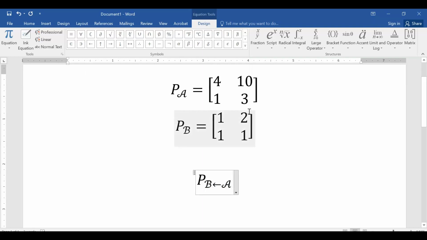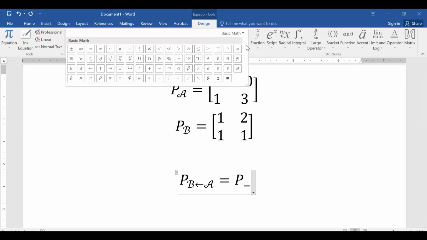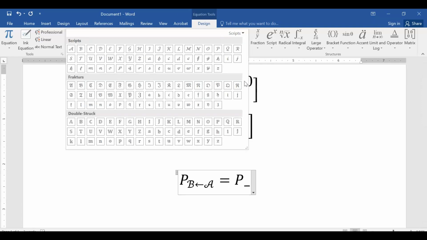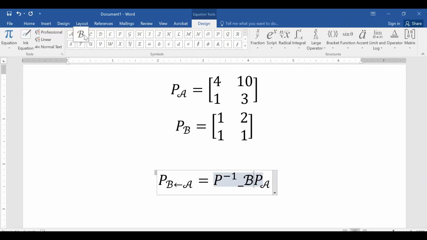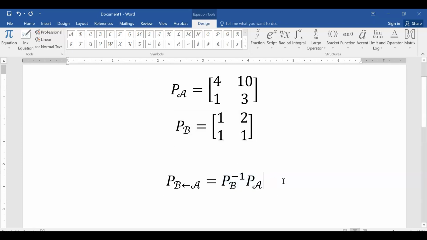If you remember what that did, what we would have to do is start at A, and then multiply by the inverse of starting at B. Okay, that's better.